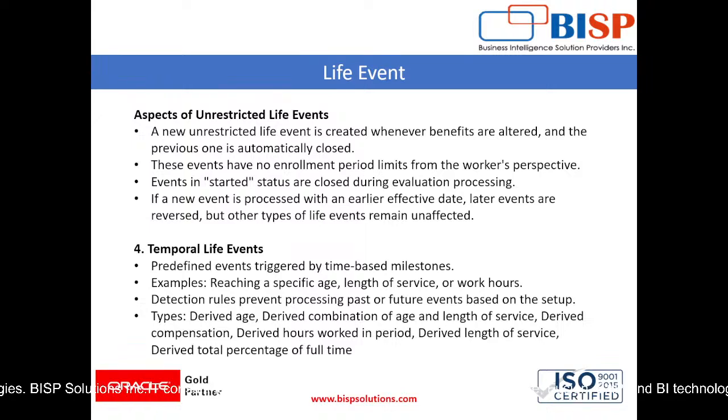A new unrestricted life event is started every time an attempt is made to alter the benefit enrollment. Any previous unrestricted life event is closed at that time. Consequently, from the worker's or benefit professional's perspective, unrestricted life events have no enrollment period limitations.